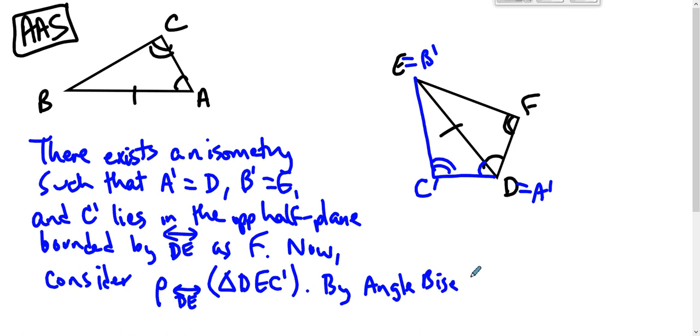By the angle bisector theorem that we talked about in the previous video, DE is the angle bisector of angle C prime DF. When we reflect this ray, this red ray, the image of that has to be ray DF.